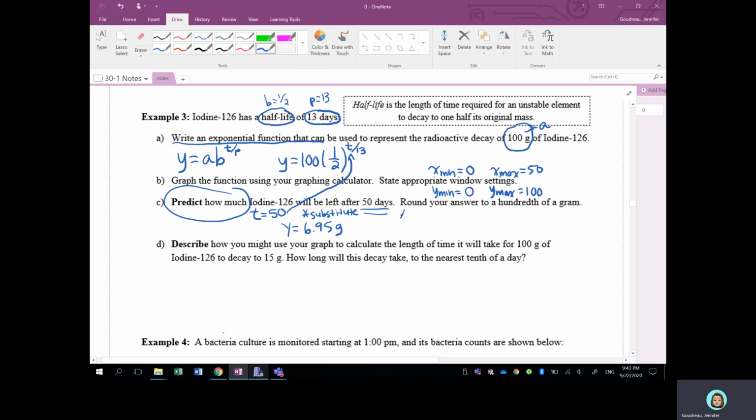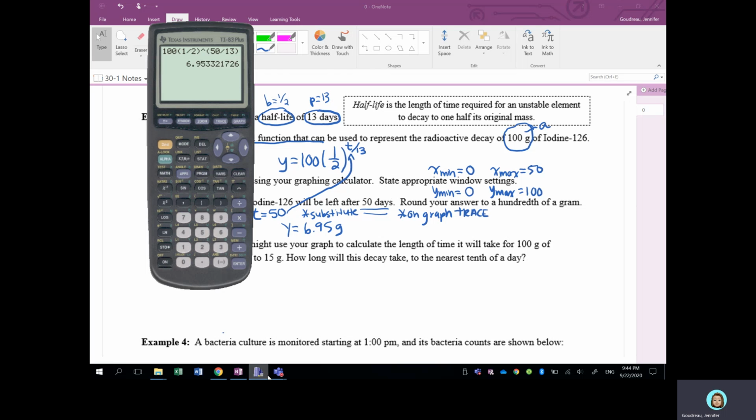Alternatively, what we could do is we can use the graph. Because our T is being represented by X, we're given an X value. So what we can do is on the graph, we can just use trace. So I'm going to go back to my calculator, go back to the graph that I drew, and I'm just going to hit the trace button, not second trace, just trace.